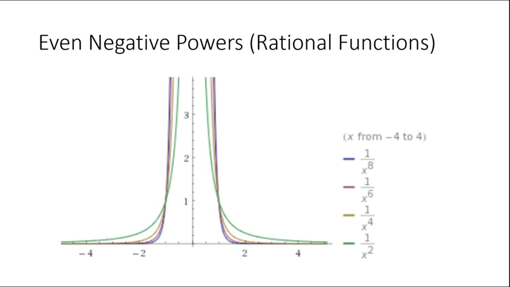Notice that as the power becomes larger and larger, the same is true for what we saw with the other power functions, that the turn becomes steeper, and as you go up to infinity, you rise more quickly the larger the power is.